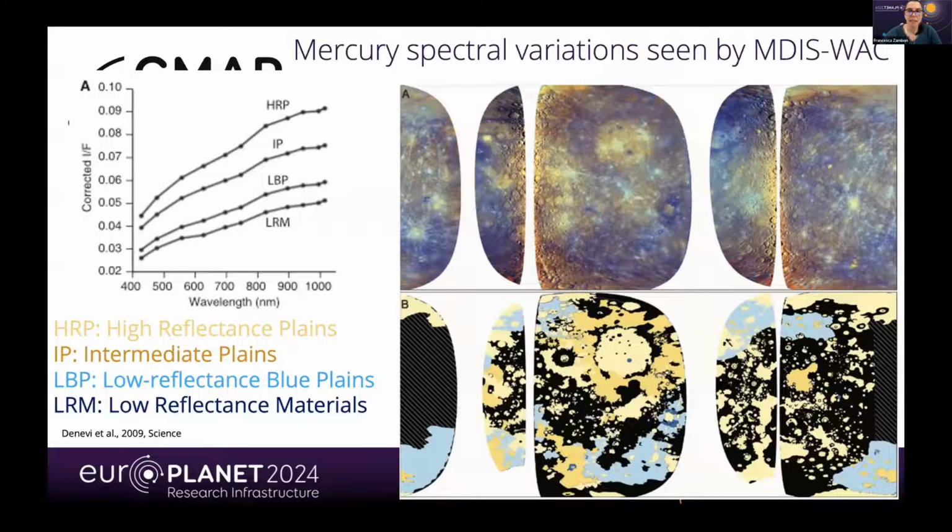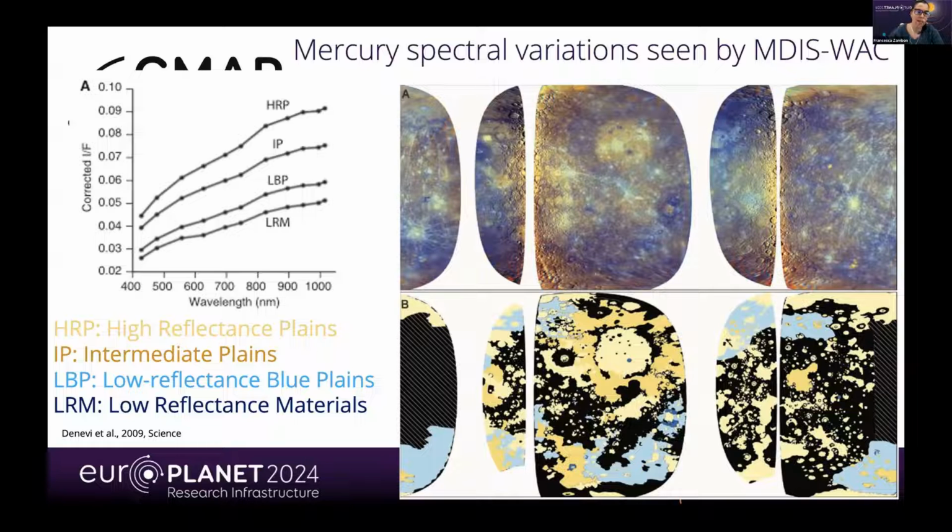From this kind of color combination, so the RGB map, the MESSENGER team identified different terrains on Mercury, which are classified on the left. They started from the map in panel A, and they derived in panel B the different spectral unit terrains.